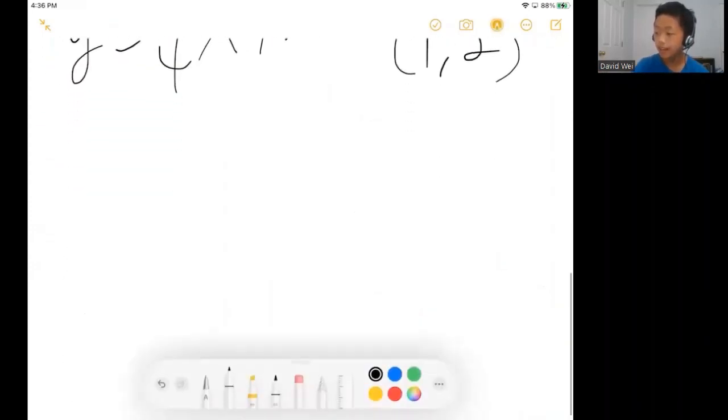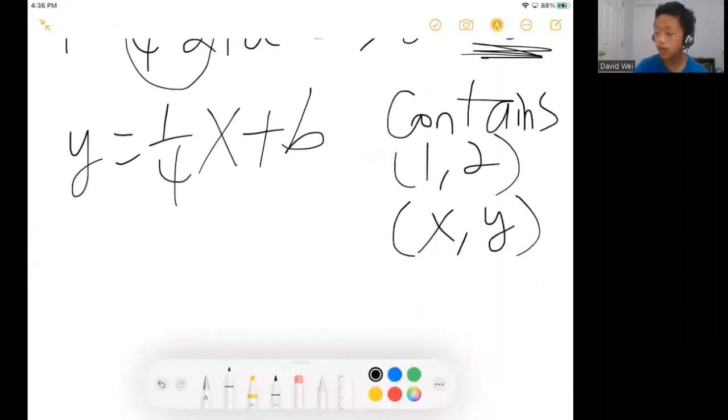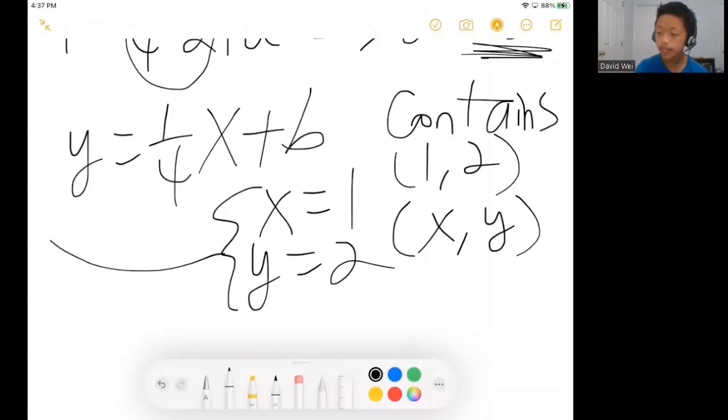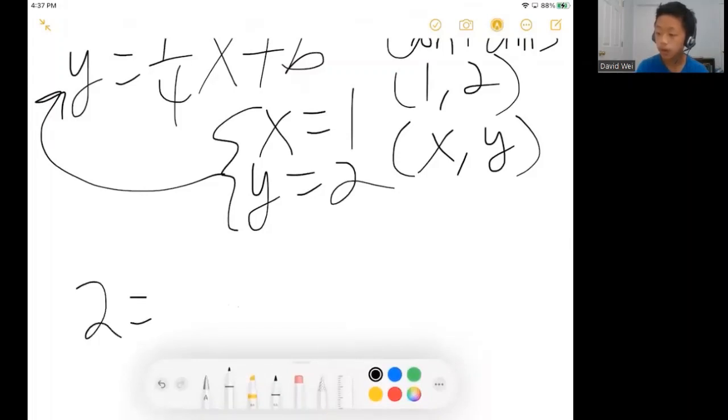This is an ordered pair (x, y), so x equals 1, y equals 2 lies on this line. We can substitute that into the equation: y is 2 and x is 1, so 1/4 times 1 plus b.